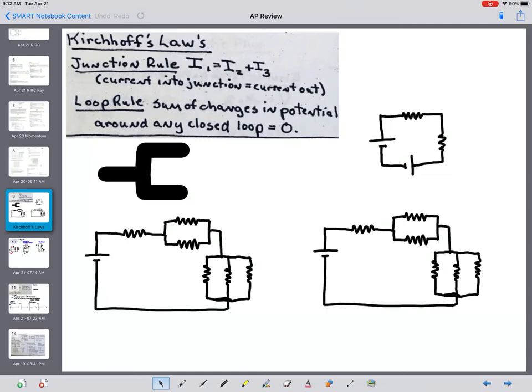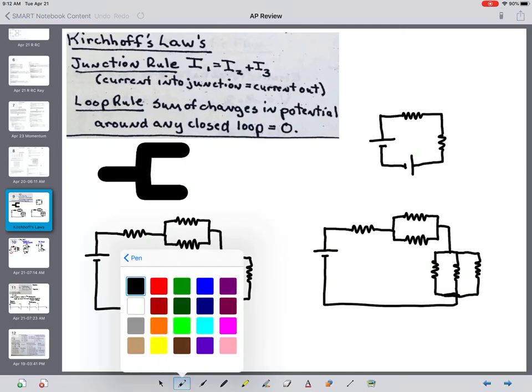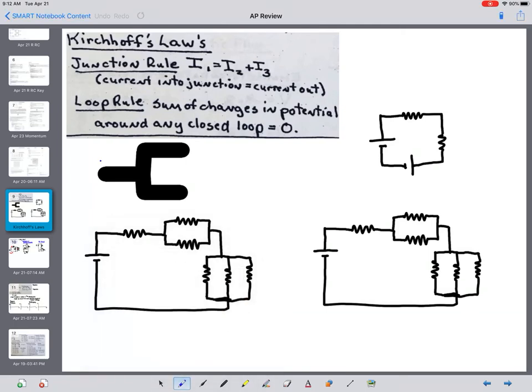Junction rule basically says whatever goes in one side comes out the other side. So whatever current flows in one side. On our diagram here, if I have a current I1 flowing in here, that means coming out of the junction, my junction would be right there at that location.